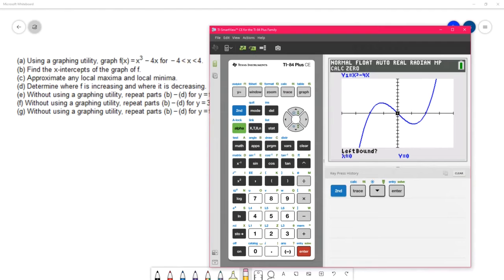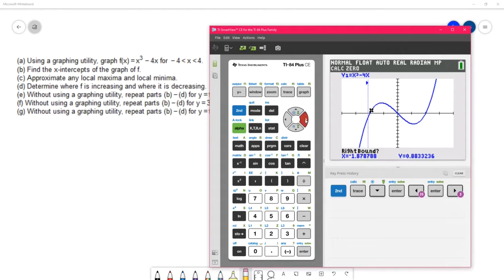And down here it says we want to find the left bound of the zero. So I'm going to move the cursor over to this zero here. And I want to make sure that my x is to the left of it, which is smaller than it. I'm going to hit enter. Then it asks for the right bound.